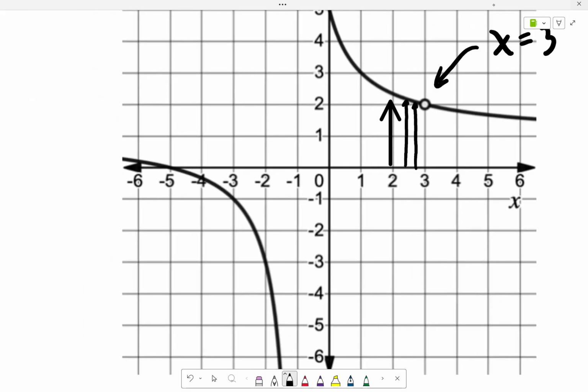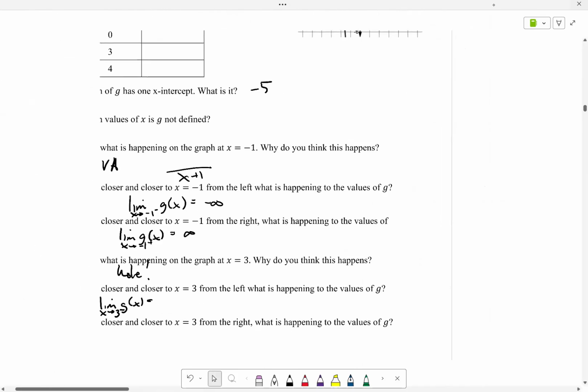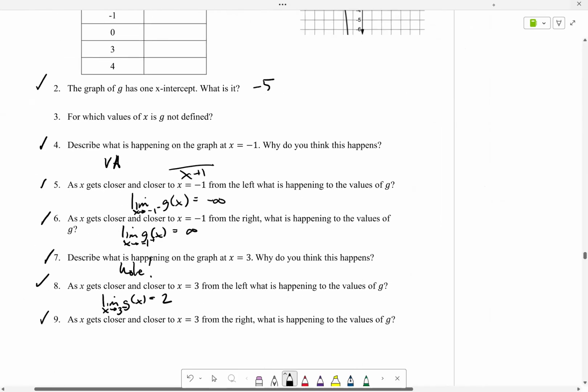When I plug in 2.8, when I plug in 2.9, those values are very definitely going to 2 from above. But really all we care about is that it's equal to 2. And if it's going to infinity, if there's a vertical asymptote, then we write infinity.